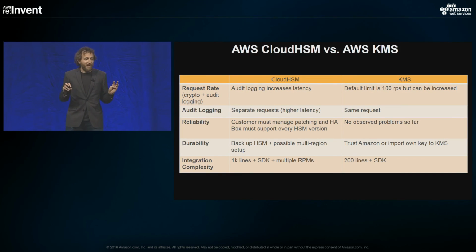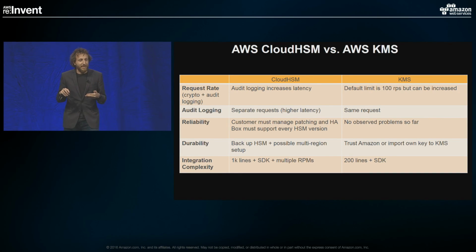Now, let's compare and contrast from Box's point of view, Cloud HSM and KMS. And before I start, there's a lot of benefits to Cloud HSM. You get level 2 FIPS validation, and FIPS validation for hardware is quite difficult. You also get single tenancy, where that HSM belongs to you, and you know how many requests per second it can handle.